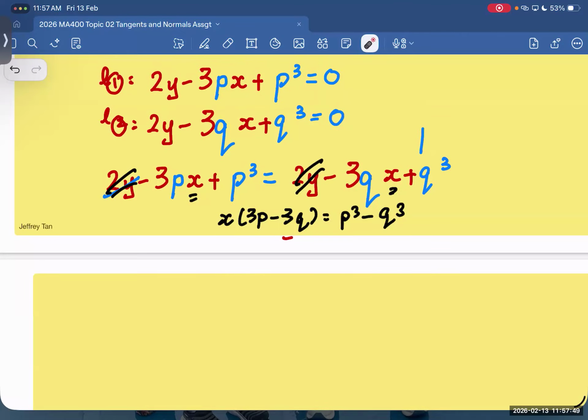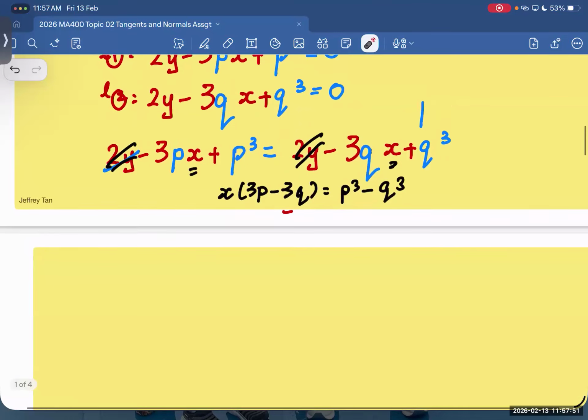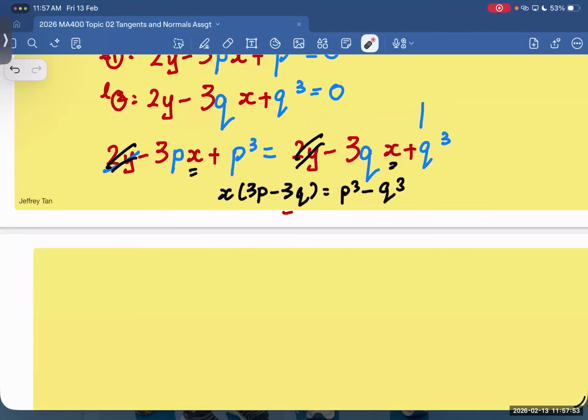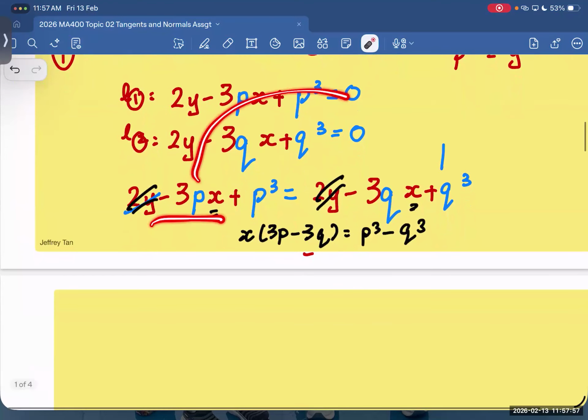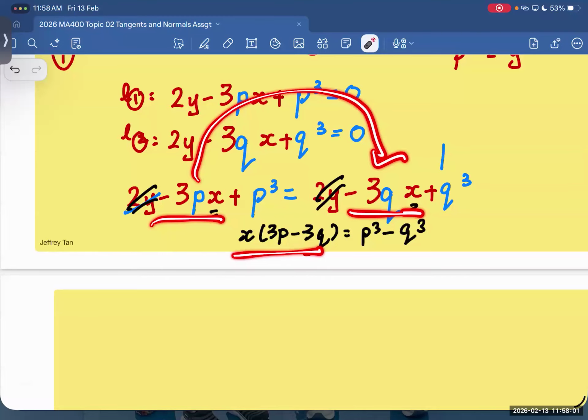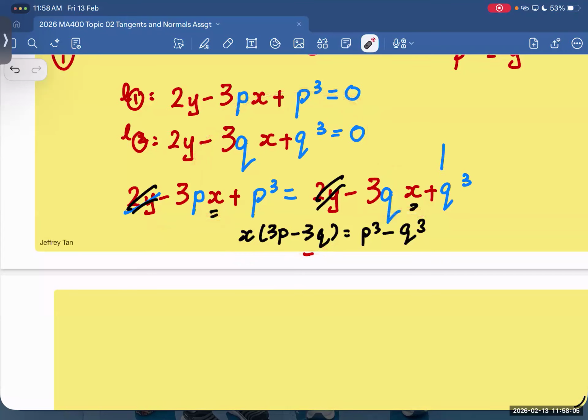I fast forward a bit, because I have no space. Can you see? 3p goes over to the right, 3p minus 3q. This one goes to the left. Is it okay, guys?